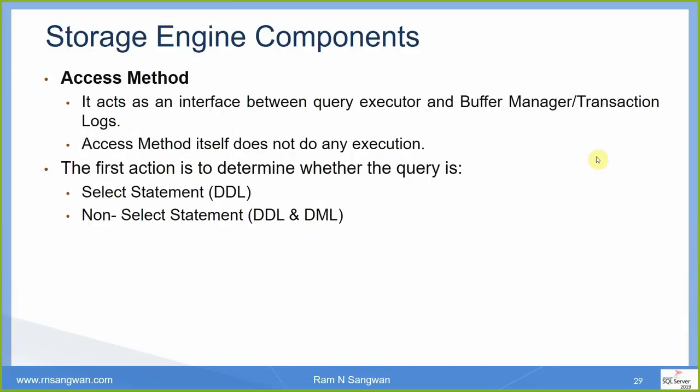Then we have access methods. Access method acts as an interface between the query executor and the buffer manager or transaction logs. Access method itself does not do any execution. The first action is to determine whether the query is a select statement or a non-select statement, that is the DML, or any other DDL statement which is a non-select statement.